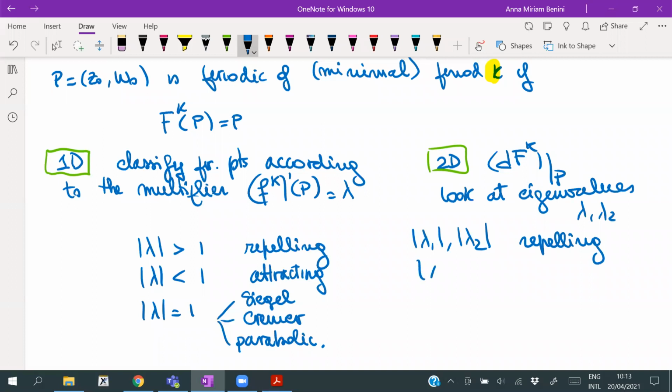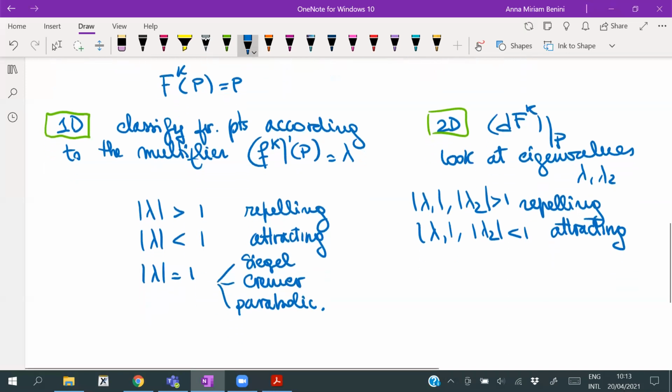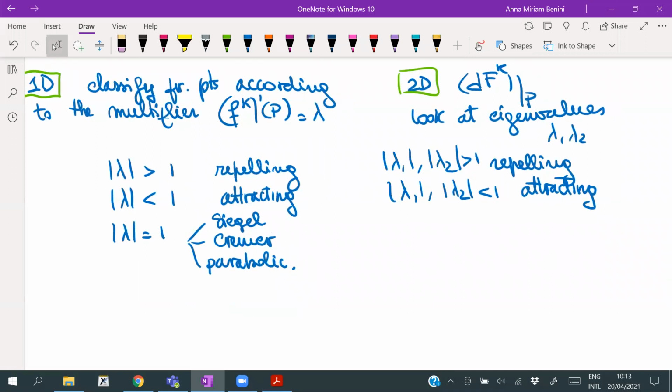If they're both in modulus smaller than 1, the point is called attracting. Again, so far nothing new. And an interesting case that does not appear in one variable is when one of them has modulus bigger than 1, and the other one has modulus smaller than 1, and this is called a saddle point.